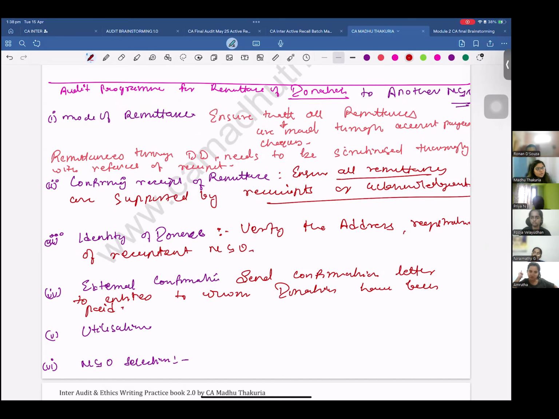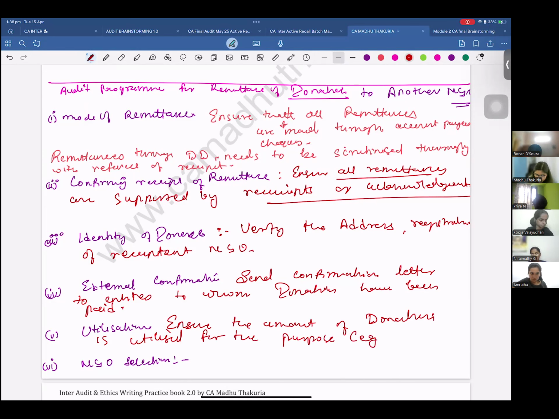Will that be the correct utilization of the fund? Absolutely not. So please verify and ensure the amount of donation is utilized for the purpose, for example, tsunami victims. In this question, it was about the tsunami victims.